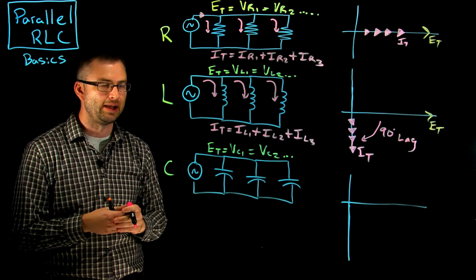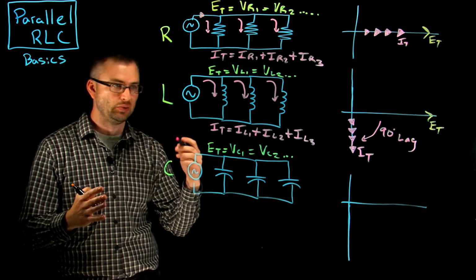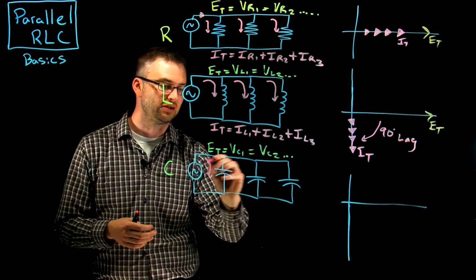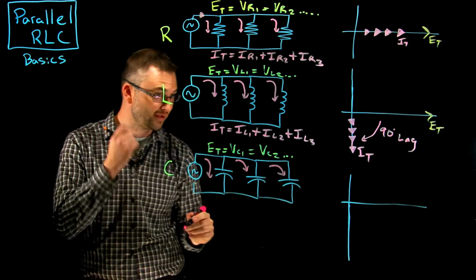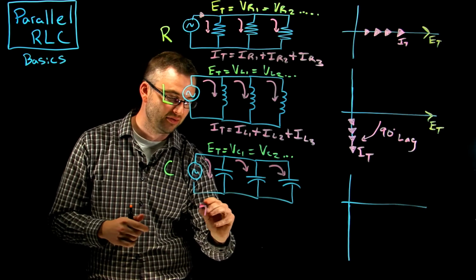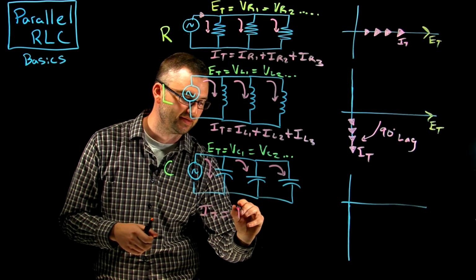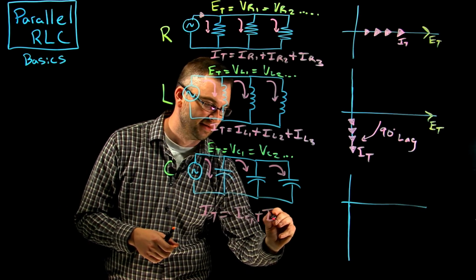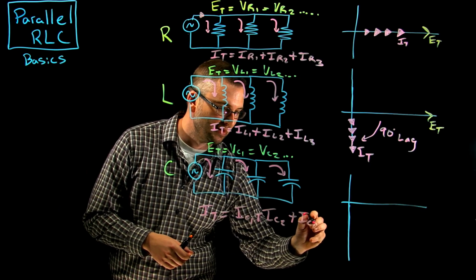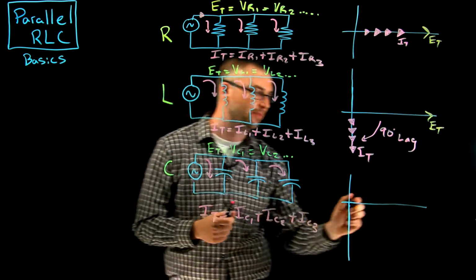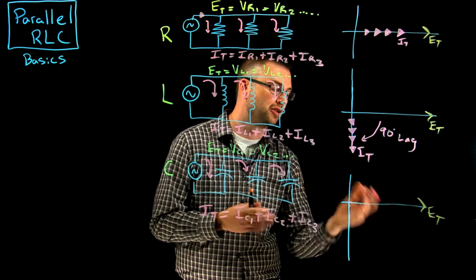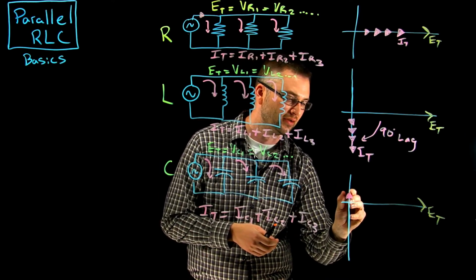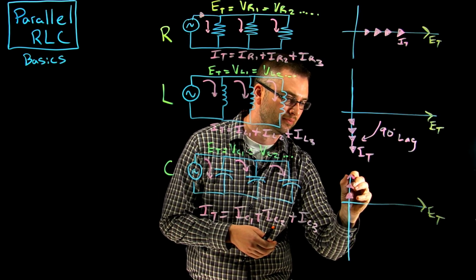The last one is the cap, and the same thing applies. We can figure out the current that charges onto this plate, and onto this plate, and onto this plate, and we can add those currents together. We can make the same statement: I total is the I of cap 1 plus the I of cap 2 plus the I of cap 3. If our E total is our reference, our current is leading in a cap, so our currents are all going to be up at 90 degrees here.